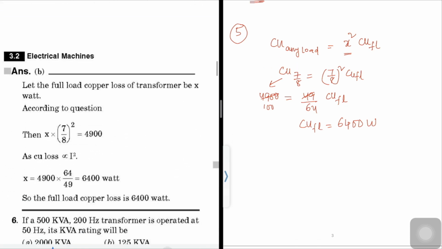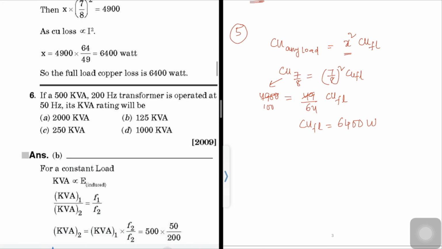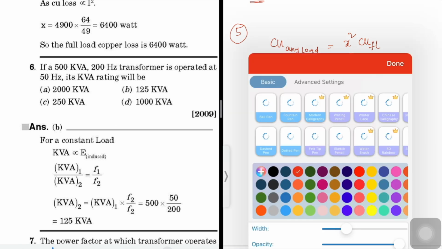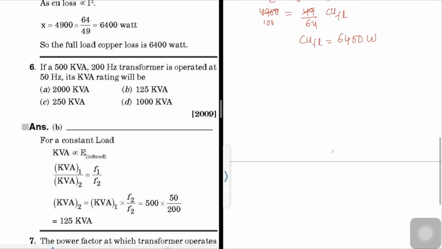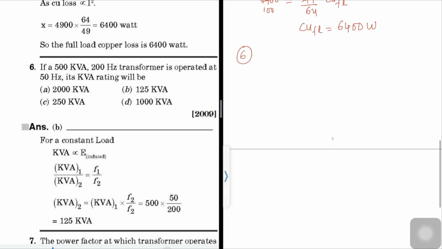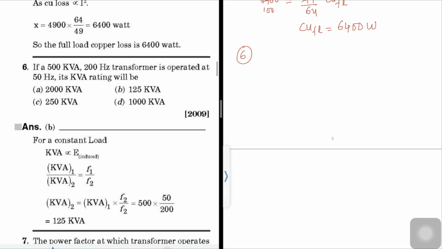Now coming to the sixth question. A 500 kVA, 200 Hz transformer is operated at 50 Hz. So the frequency rating is changed now. Will the kVA rating change or not? Let's see. Usually the transformer kVA is directly proportional to E, where E equals 4.44 f N phi.